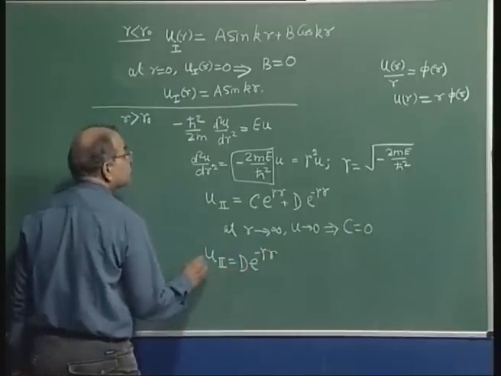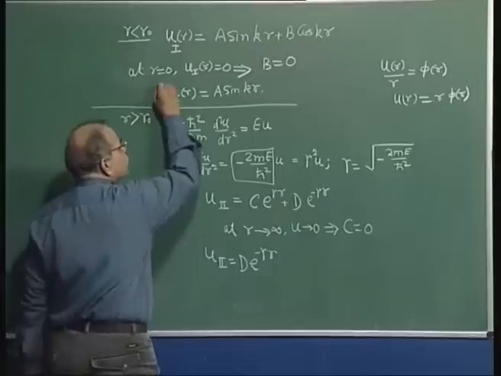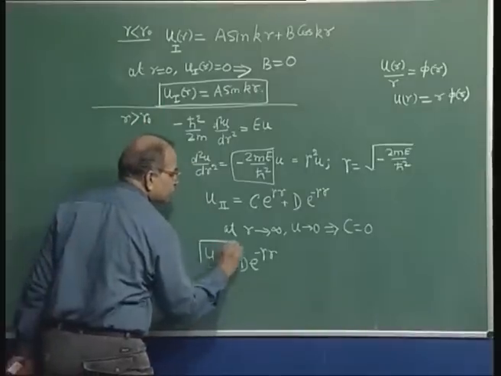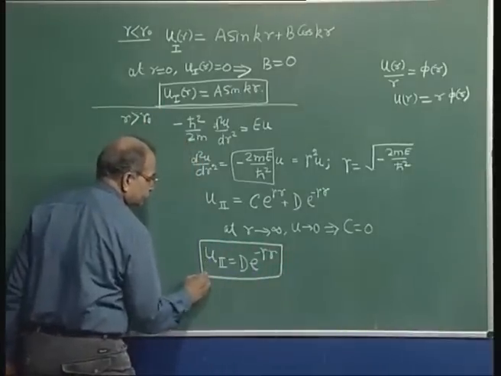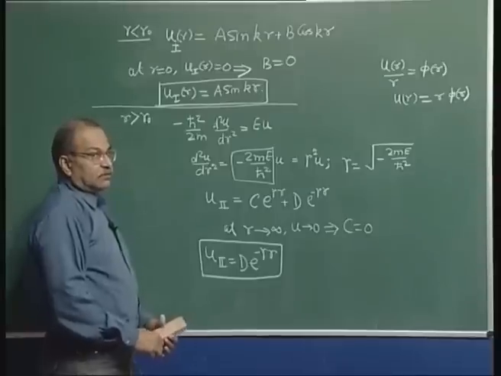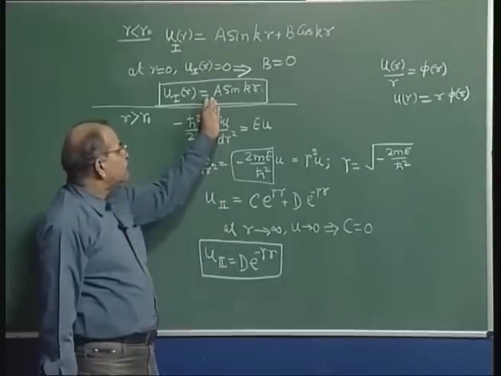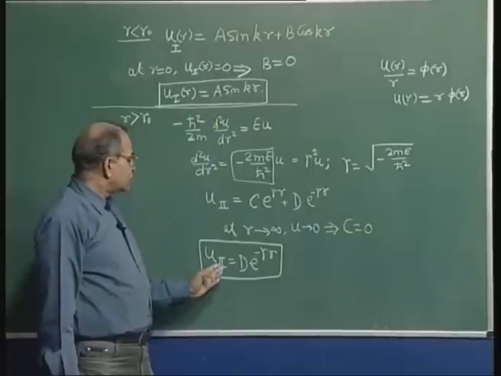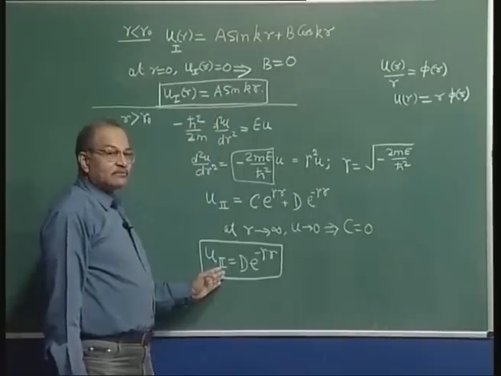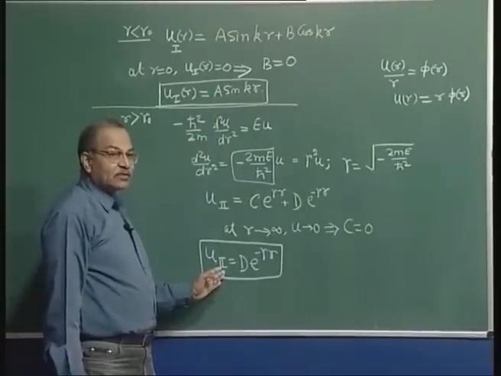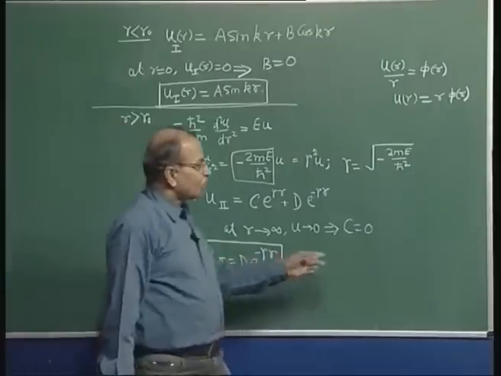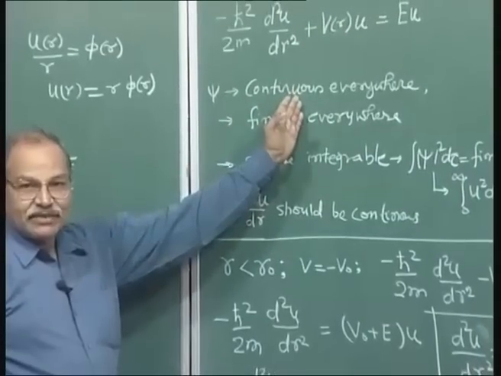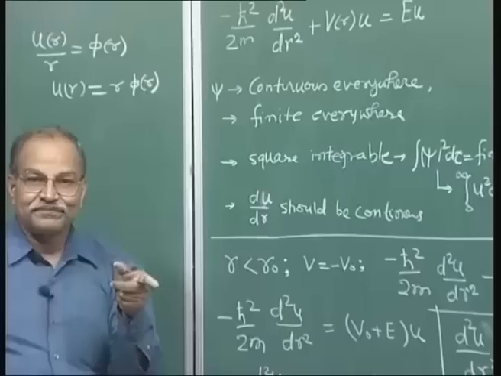You must have done all these things in your quantum mechanics course, but still let me revise. So, this is one part and this is the other part. u has this functional dependence on r for r less than r naught, and this functional dependence when r is greater than r naught. Apply other conditions: psi must be continuous everywhere, so u must be continuous everywhere.